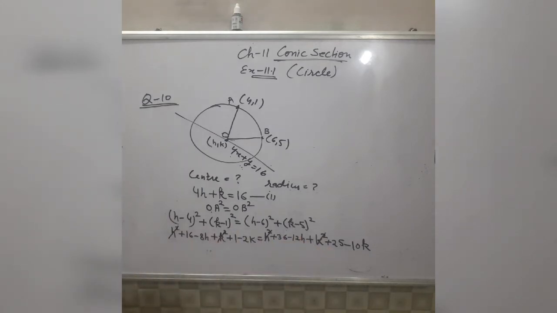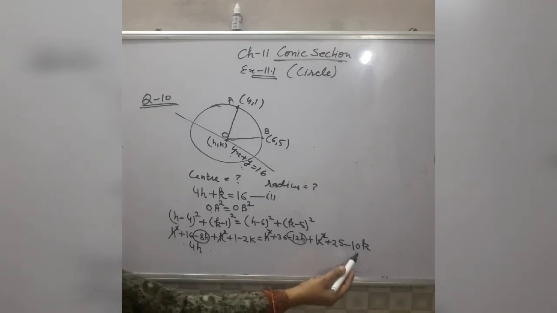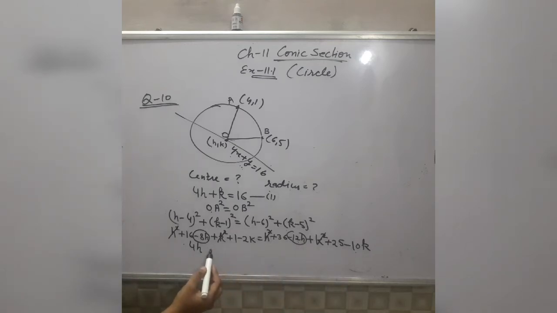Now shift the terms containing h to one side. This -12h comes on this side, it becomes +12h. Plus 12h and minus 8h, it becomes 4h in place of these two terms. Similarly, -10k comes on this side, it becomes +10k, and 10k - 2k becomes 8k.